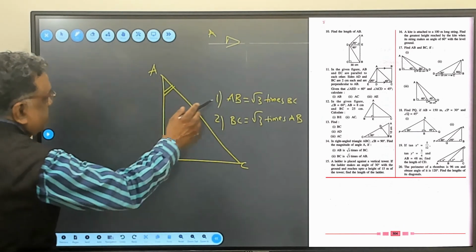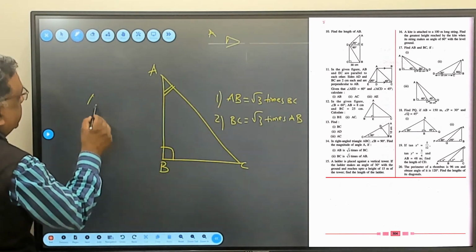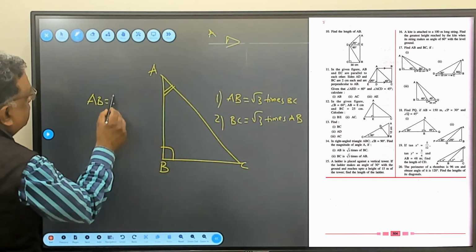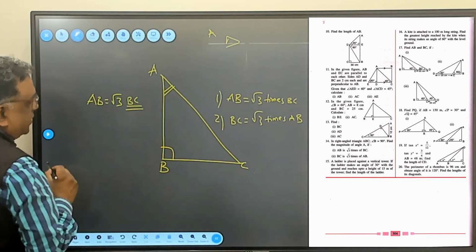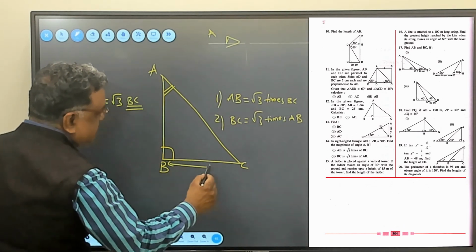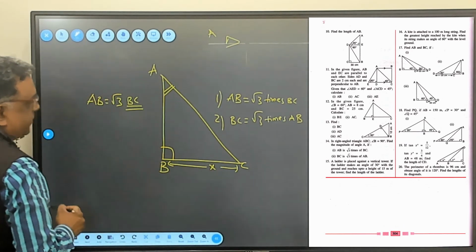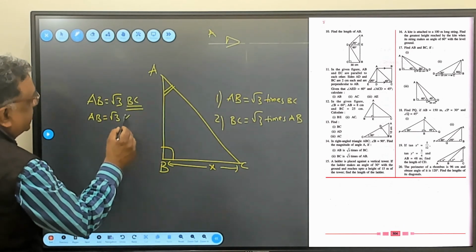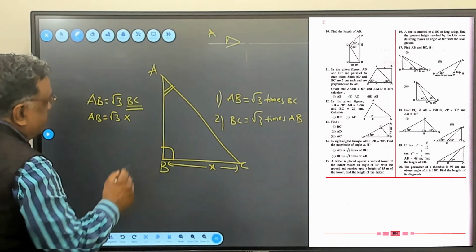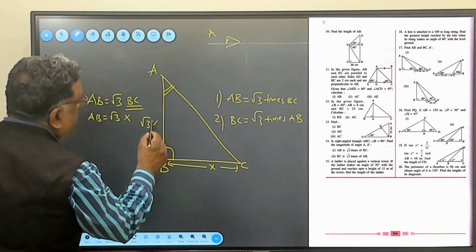So in first case, what is given to me is AB is root 3 times BC. So let us say I will assume BC as X. Okay. So if BC is X, AB will become root 3X.